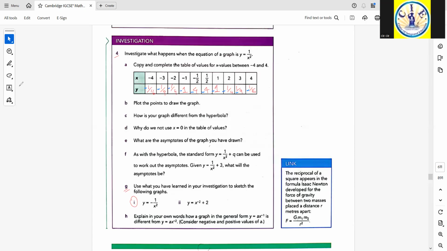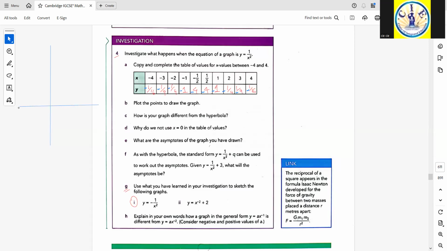And the graph would be like this as I'm going to draw it right now. Okay, let me do it for this thing. And now let me label the axes as I do.